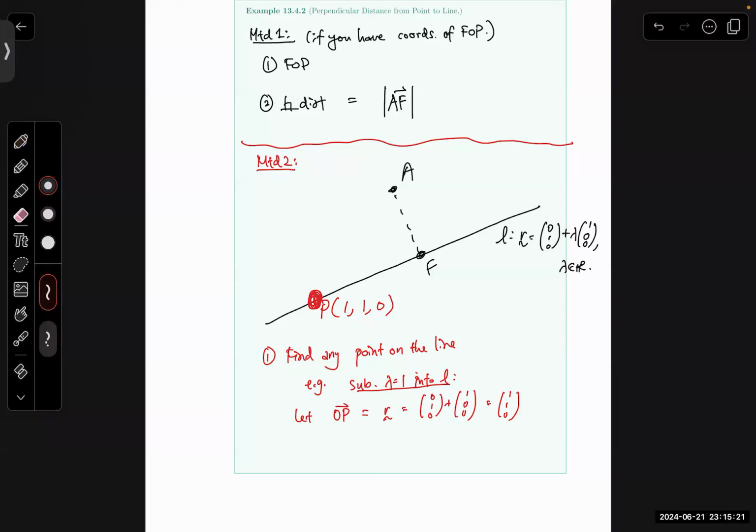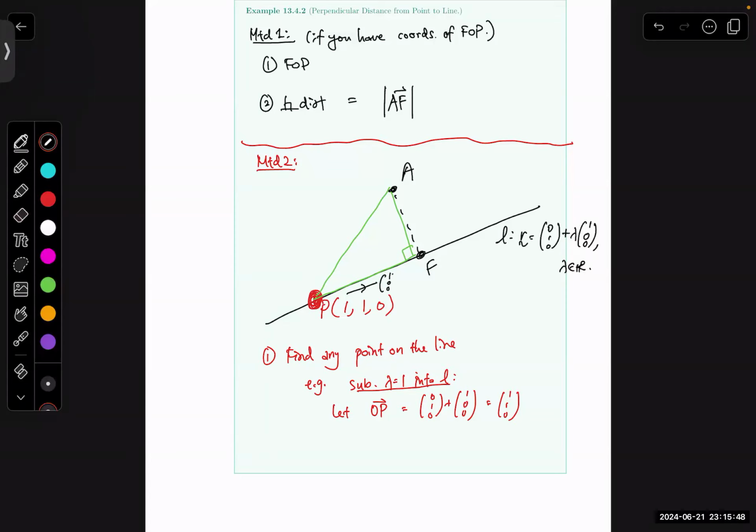Okay. Now that I have a point, I can just find this right angle triangle. In this right angle triangle, I can write down my vector 1, 0, 0.